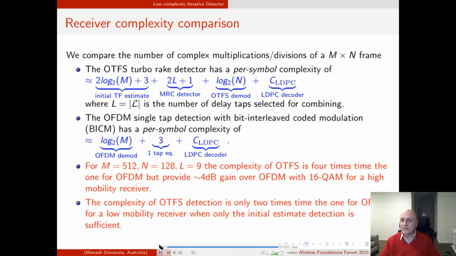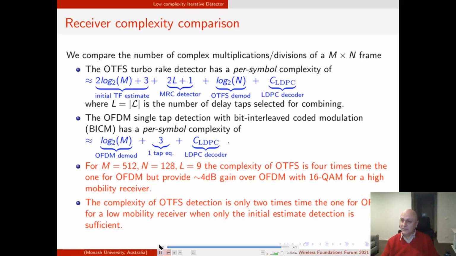This slide shows the complexity in terms of complex multiplications of OFDM and OTFS, and the take-home message could be summarized in the following example, with a size of 512 by 128 and L paths with high mobility.